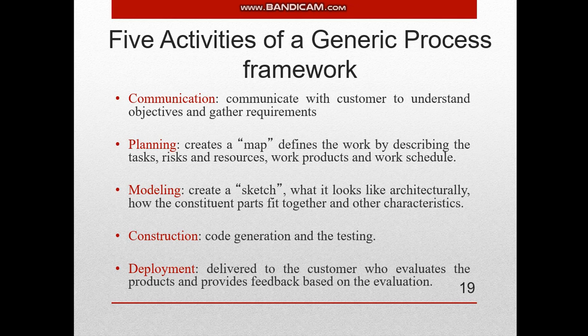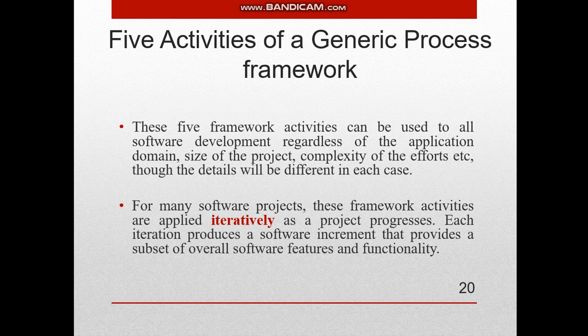Deployment is the stage where you give the ready software to the users, to your clients. These clients will then evaluate the product and give you feedback, whether it is correct, whether they are expecting more, whether it has become very complex, or whether they are happy with the product. So these were the five important activities of your generic process framework.